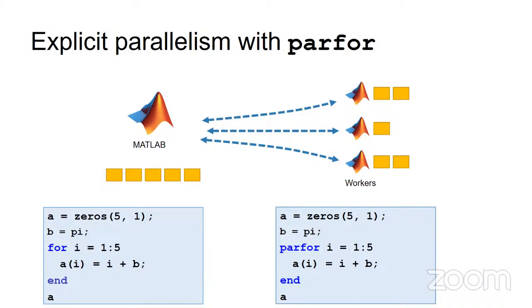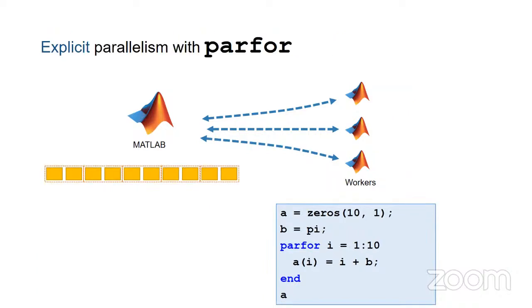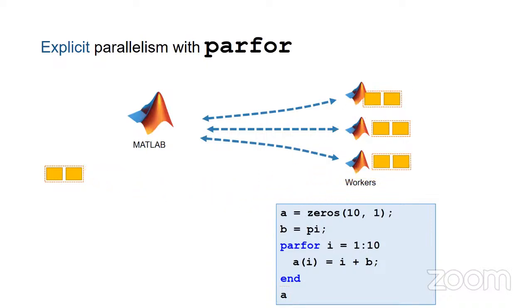While I have performed this task, the program is the same, but what is the difference? Instead of for we can use parfor. Okay, so I think it is clear to you.